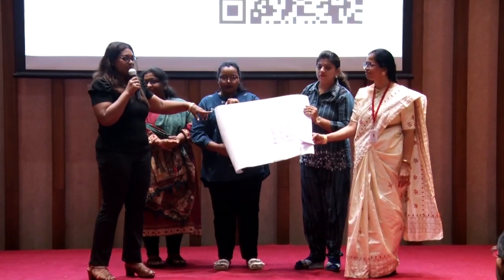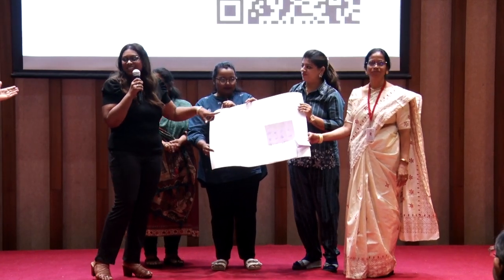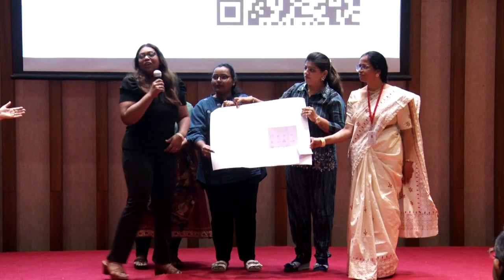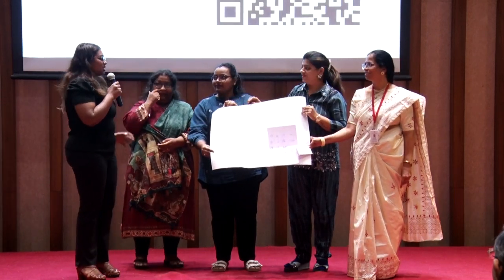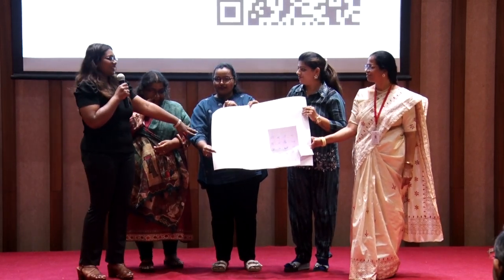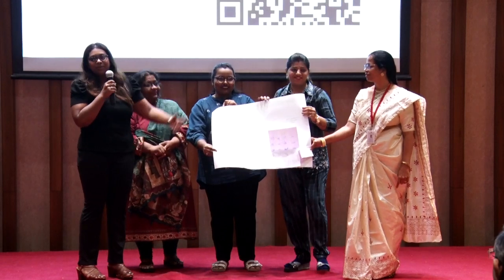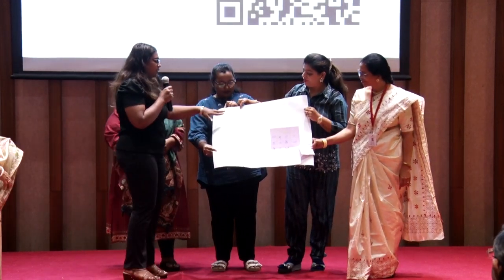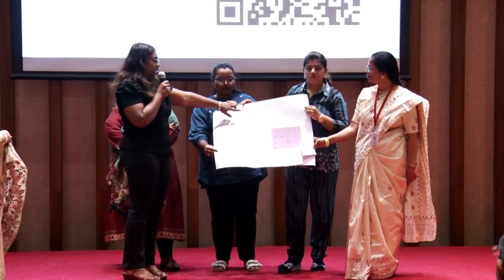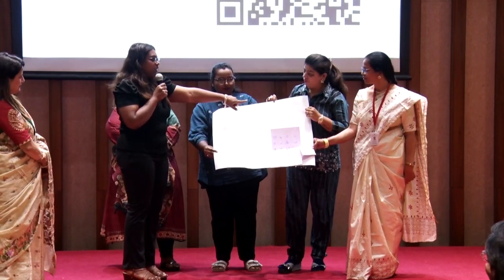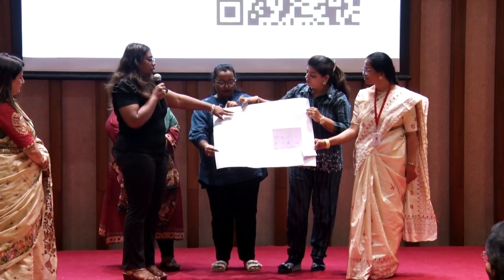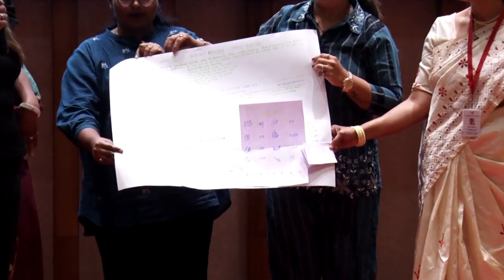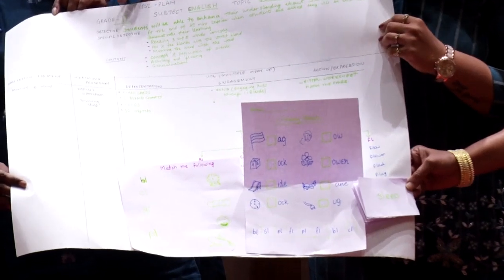Ma'am, could you tell us the objectives? Okay. I'm Avanti, this is Medha, Shati, Soumya and Padma. We are group 2, and we've taken grade 2. Our subject is English, and the topic is blends. Our objective is that students will be able to enhance their understanding about blends. To be specific, we've taken L blends.